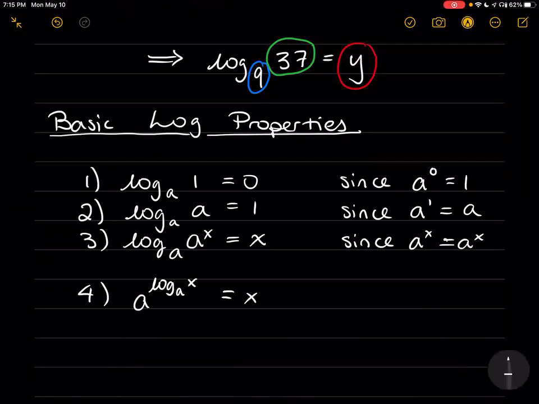Okay. So these two right here are key properties. And what they're really saying is that logs and exponents undo each other. So these will come back up in section 4.5 when we start talking about solving equations with logs and exponents.